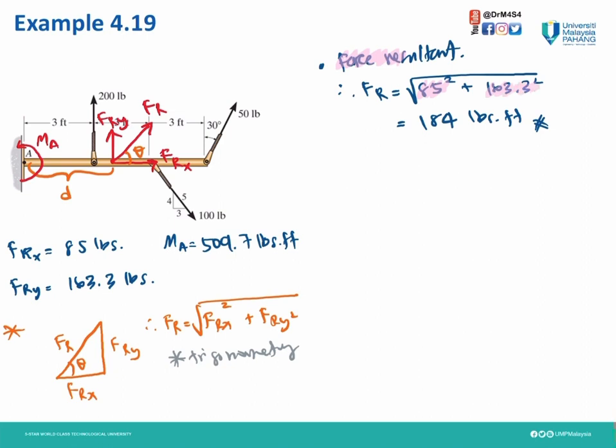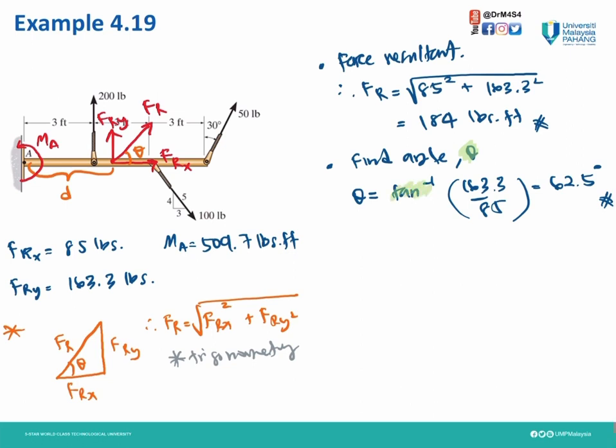We get our FR is 184 pound. Then, by knowing our FRY, FRX, and FR, we can get theta. By using tangent, 163.3 divided by 85, we get our theta is 62.5. So here is 62.5 degrees.